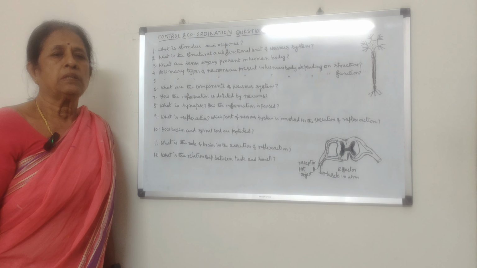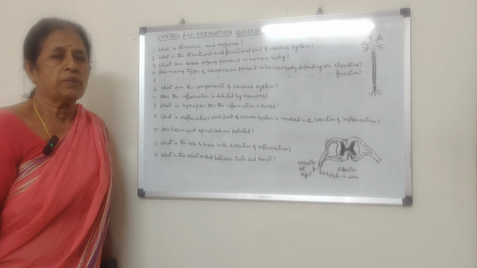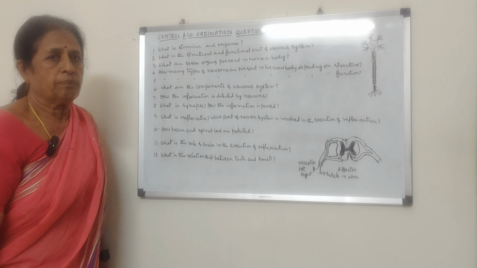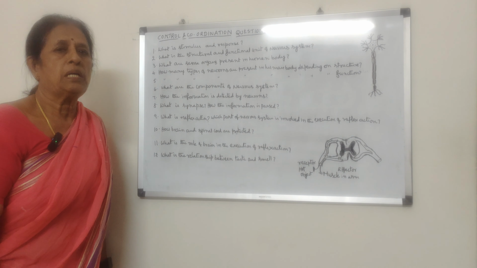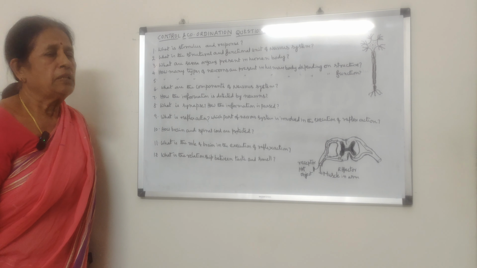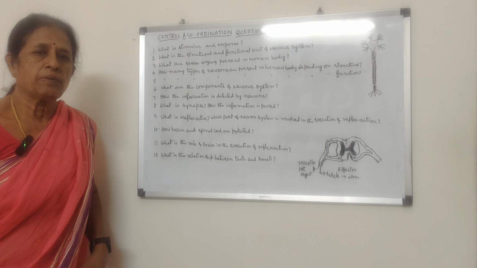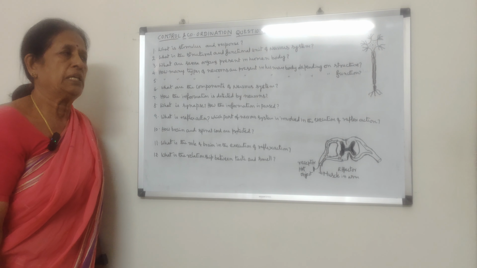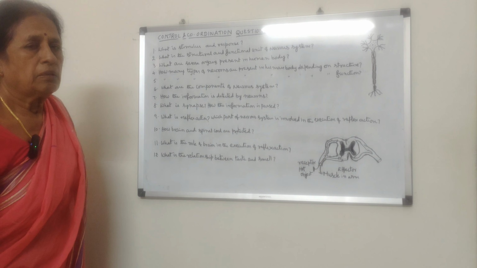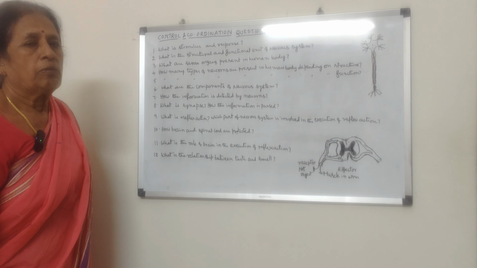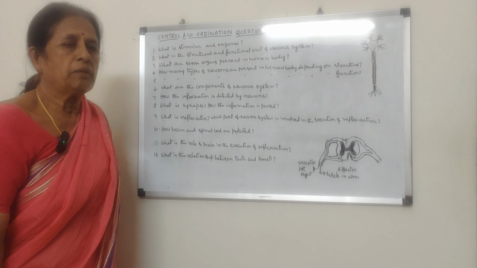And next question, how many types of neurons are present in the human body depending upon the function? Depending upon function, there are 2 types of neurons: sensory neurons and motor neurons. Sensory neurons are also called afferent. Afferent means incoming. Sensory neurons arise from sense organs, that is eyes, ears, nose, tongue and skin, and they carry impulses from sense organs to the brain and spinal cord.